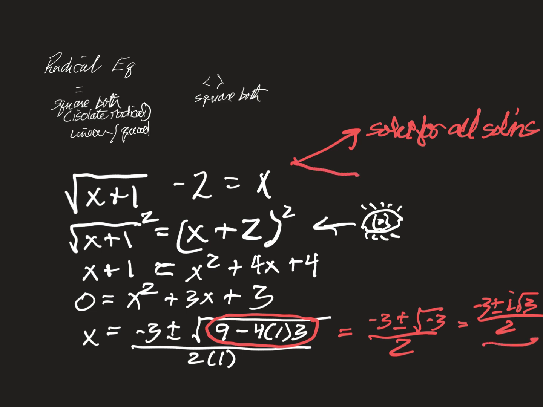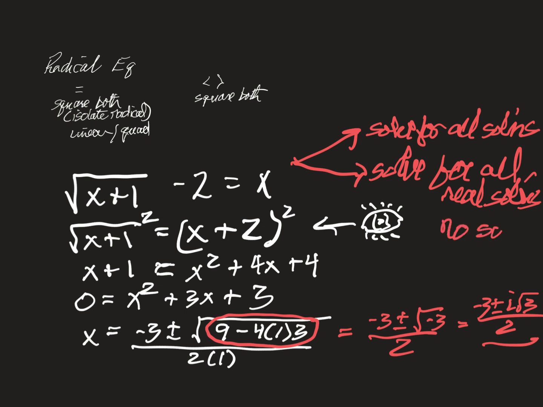But if it says solve for all real solutions, so now it's asking for real numbers, complex numbers are not real, so then our answer would become no solution.